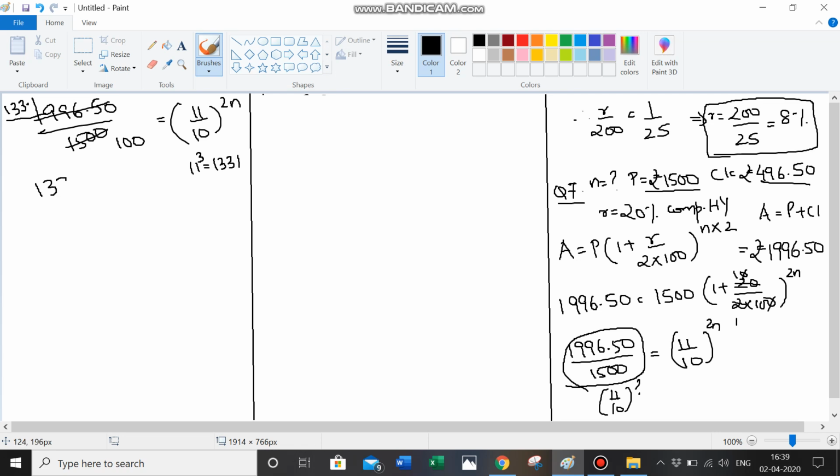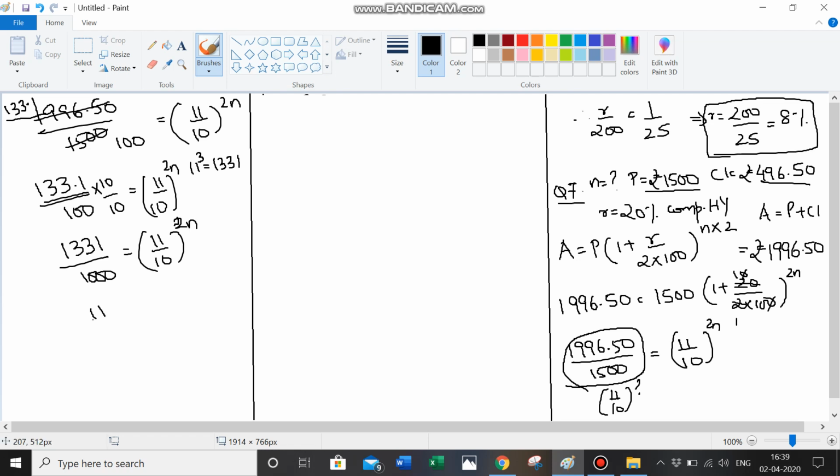So this is 133.1 upon 100 is equal to 11 upon 10 to the power 2n. Let me multiply both numerator and denominator by 10 so that this becomes 1331. So 1331 upon 1000 is equal to (11 upon 10) to the power 2n.